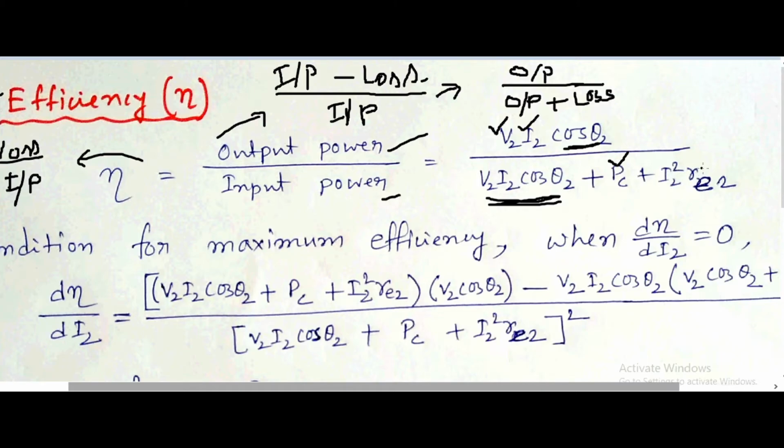R equivalent includes primary winding resistance and secondary winding resistance. So I2 squared RE2. So output power plus all losses is called input.